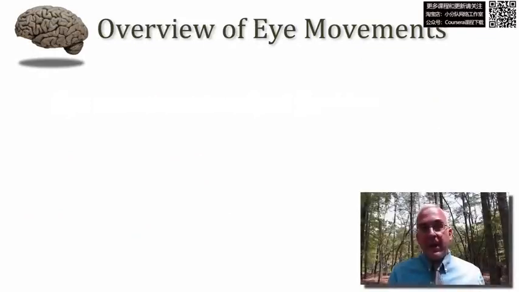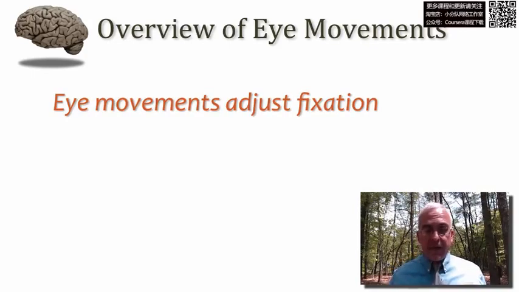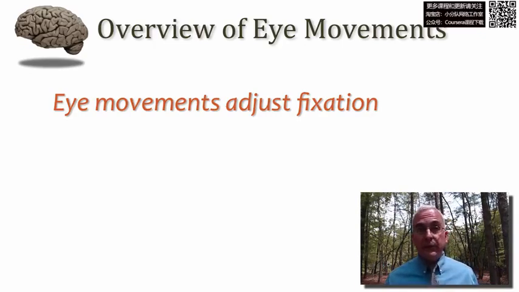Well, let's begin by talking in very broad terms about the goal of making eye movements. The usual goal is to adjust fixation. Now, remember from our studies of the retina and visual pathways that what we actually look at closely with high visual acuity is a fairly small region of the visual world.